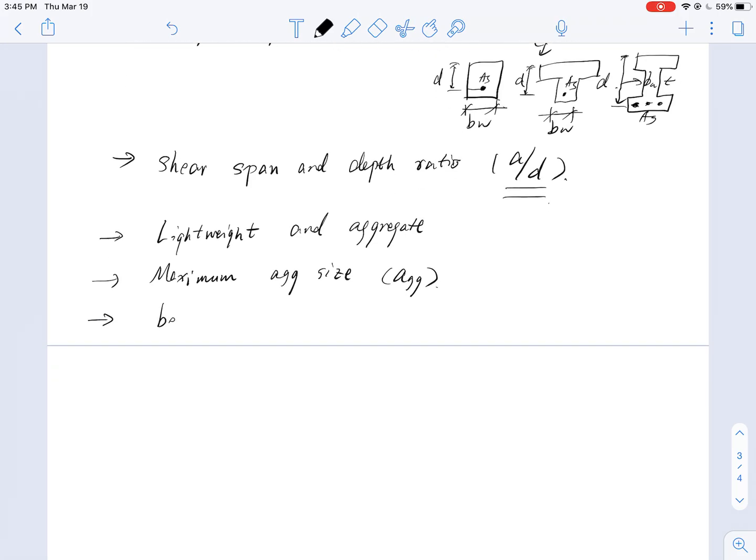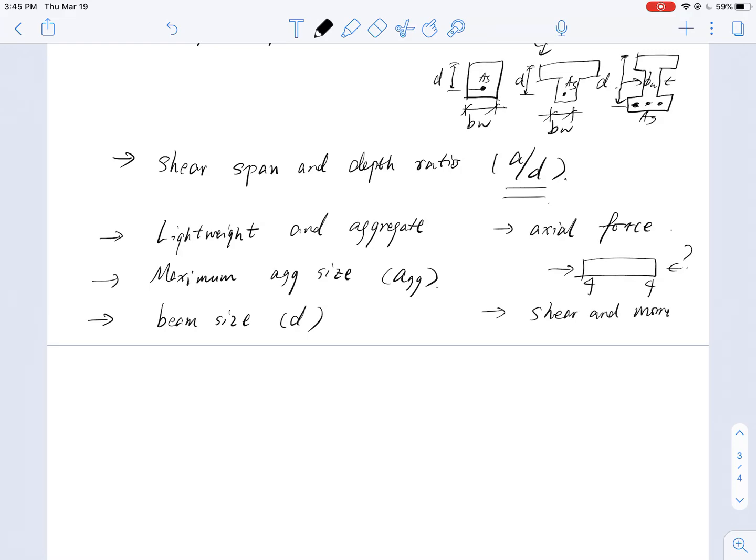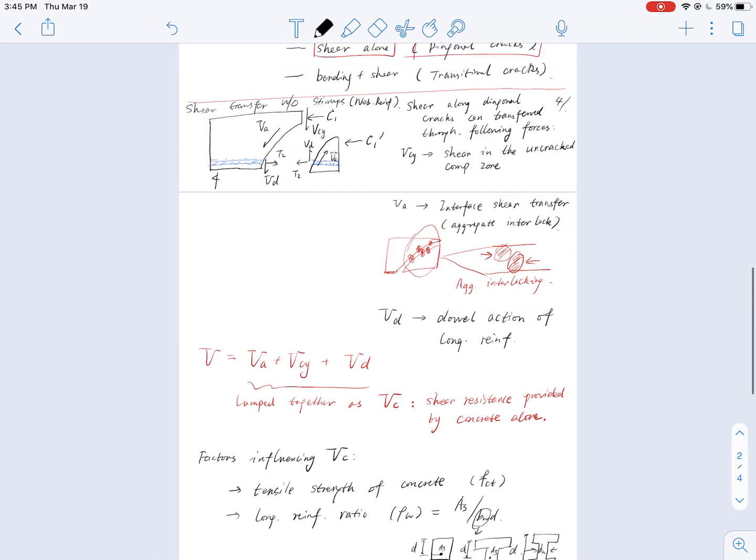We also have to worry about the beam size, which is depth. And if there are any axial forces, which means if I have a beam here, do I have any compression? And I also have to worry about shear and moment ratio. So you can see it has a lot of factors to do with it.